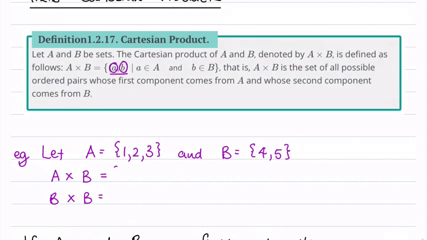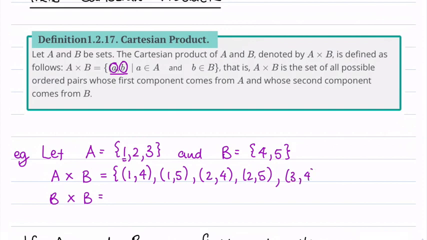So let's go for this. Alright, so if we have a 1, so we're taking the 1 from the A, then we can have 1, 4, or we could have 1, 5, and 1, 6. Those are the pairs which we can create which start with a 1. And starting with a 2, we can have 2, 4, 2, 5, 2, 6, and then we can have 3, 4, 3, 5, or 3, 6.